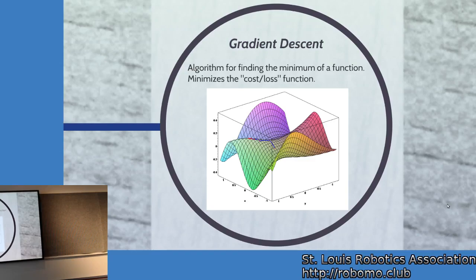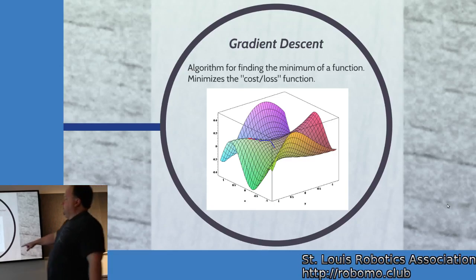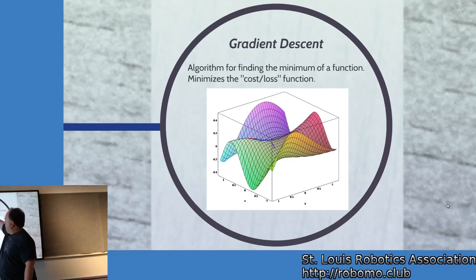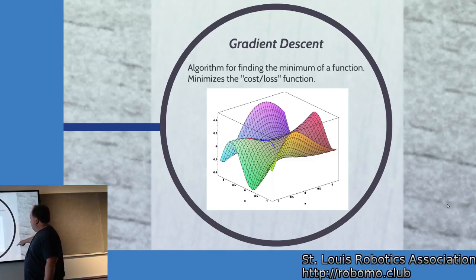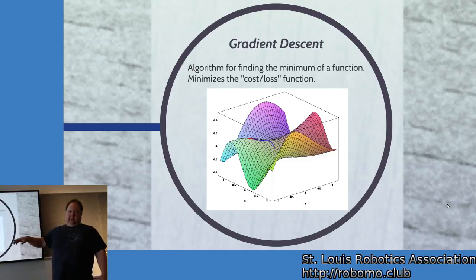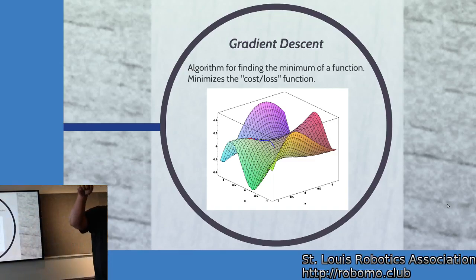Yes. Maybe I should put up a simpler graph, but imagine I'm drawing a graph that goes up and down like a roller coaster, with different hills and valleys. You have what's called a learning rate that you can apply to the gradient descent algorithm, and it can get stuck in what's called a local minimum.